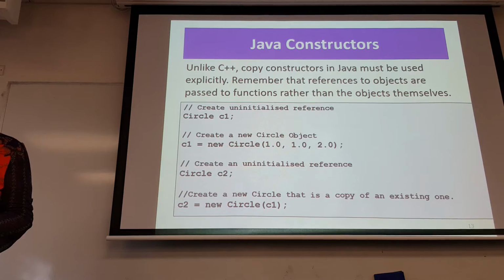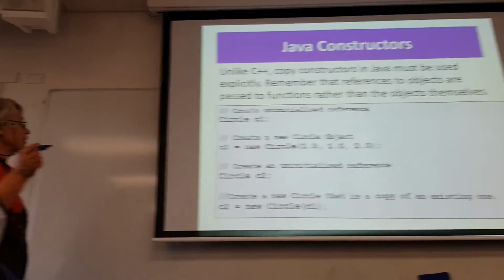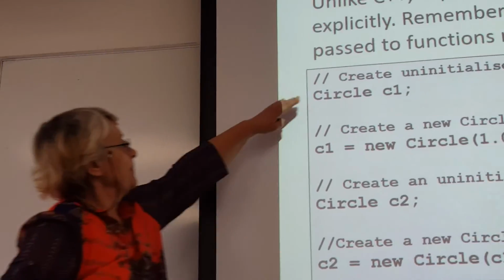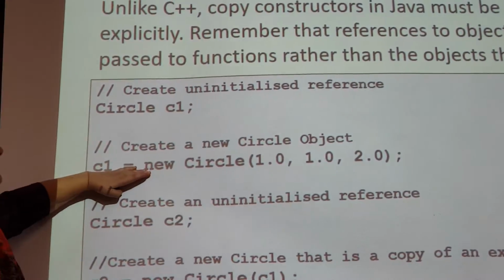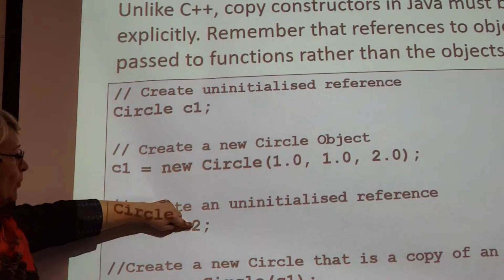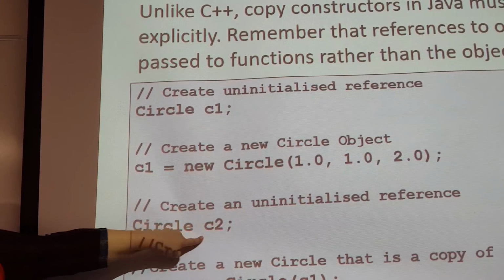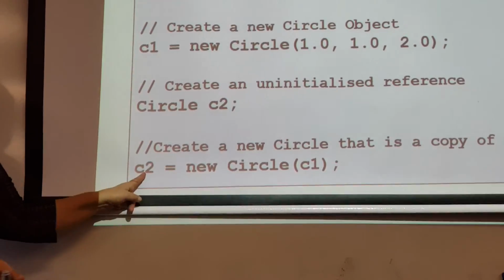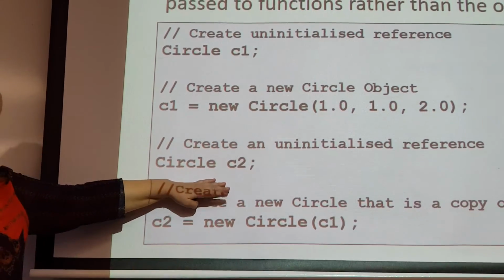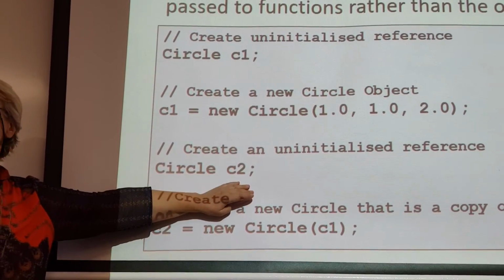So with this notation, we will have C1 defined completely. This is the complete definition of the C1 object. And now we want to construct, we introduce a new variable in the scope. C2 is a circle. It's up to here not properly defined.